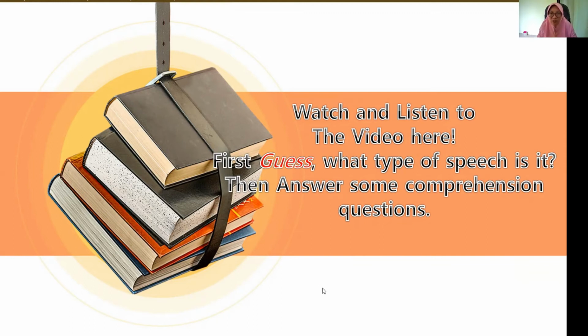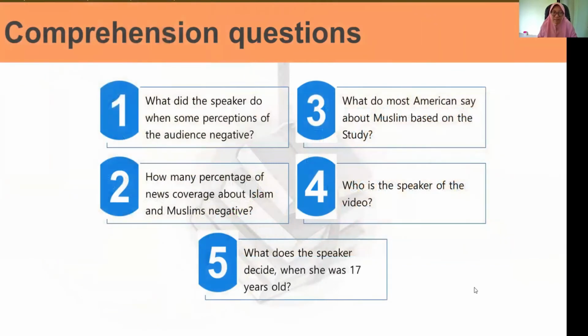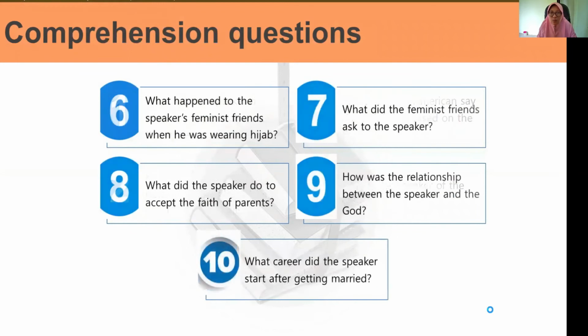Okay, now these are the questions. This is for question number 1 up to 5. Okay, you have to take a look at the questions. Yeah, pay attention to the questions. Number 1 up to 5. And then the next will be question number 6 up to 10.